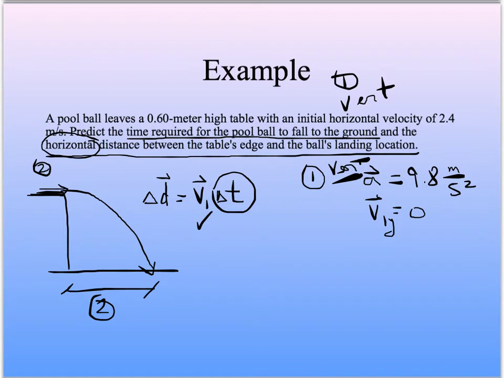The other thing we know is that in the vertical, this pool ball will be making 0.6 meters of displacement. It'll be displacing itself, or moving, 0.6 meters.